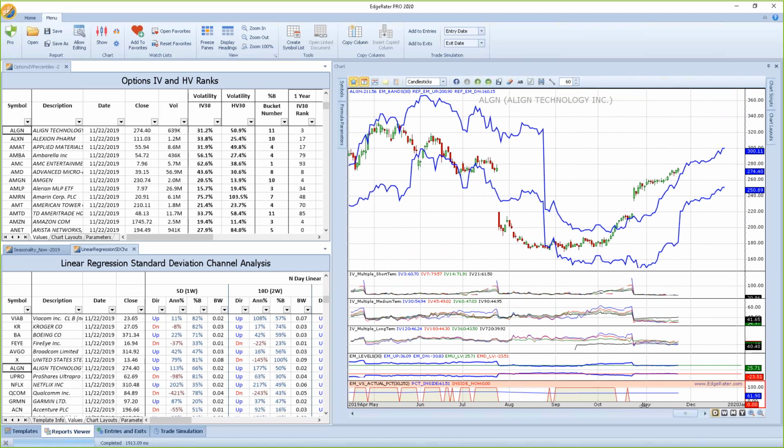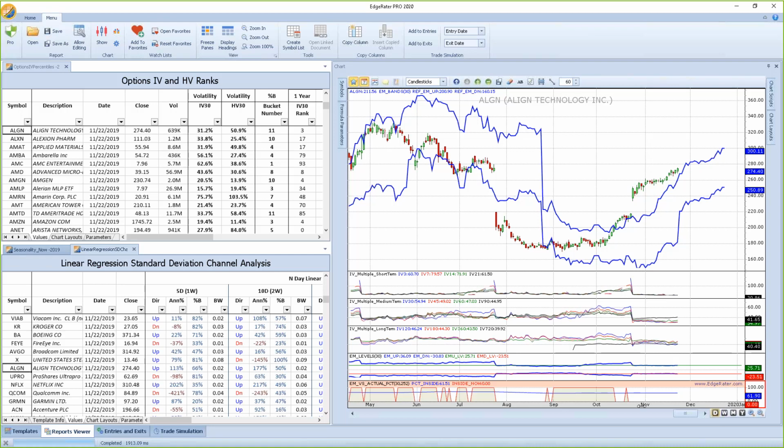Anyway, it has a nice move after it moves up there after earnings. And then if you don't hold over earnings but get out before, you probably have done reasonably well on options that you bought.